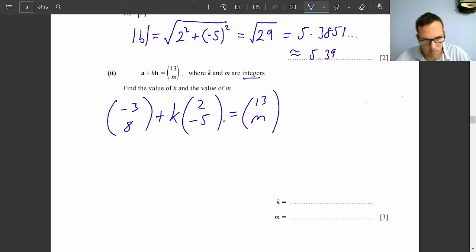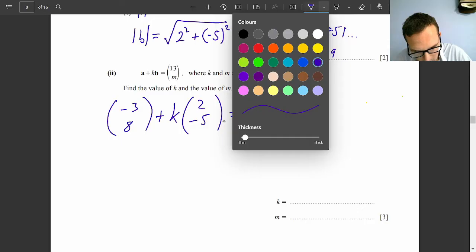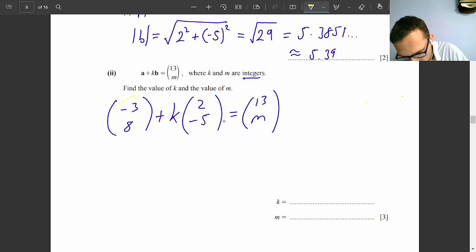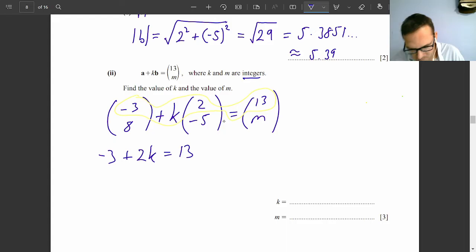Okay, so now we know, let's take a different color, that if we take this minus 3, add it to k times 2, we should get equal to 13. So that can give us an equation. Let's write it down. So we got negative 3 plus k times 2, or 2k, equals 13.